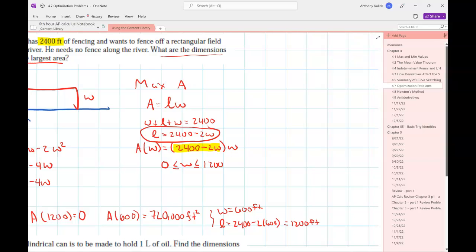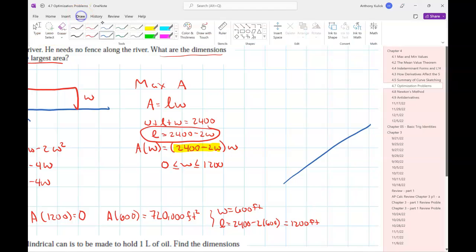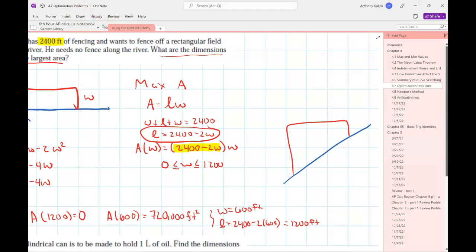Couldn't we just use logic? Obviously this is calc, but couldn't we just say, because a square is a rectangle, and a square must have the largest area, therefore it would be a 1200 by 1200 space? Sure. But what happens if the river looked like that, and you're building something like this?